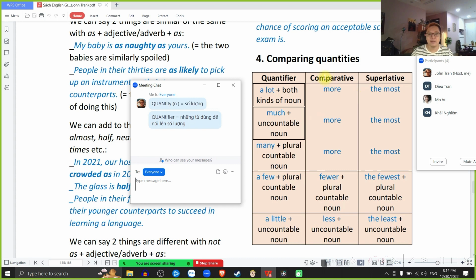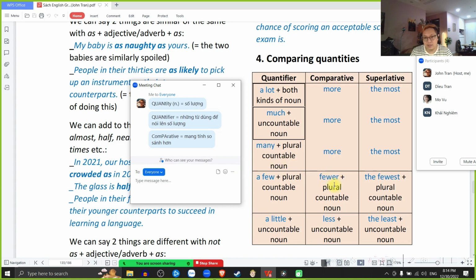And now we have comparative, mang tính so sánh hơn. We have more. Of course, in all three cases you can use more. Dùng more cho tất cả trường hợp để nói về nhiều hơn.